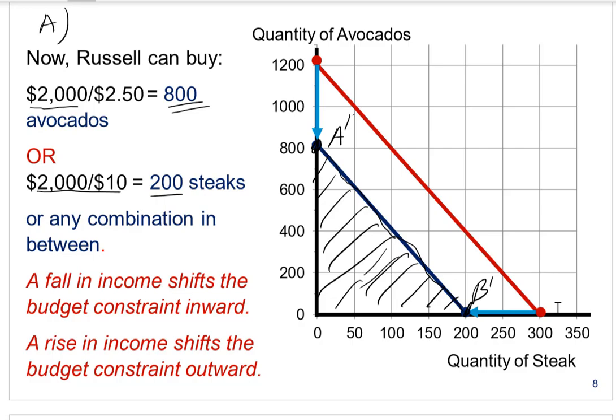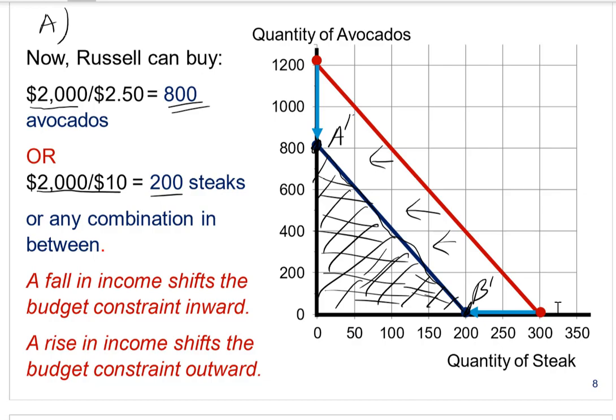But as you can see, this whole set, the triangle area, has now shrunk because Russell now has lower income. The conclusion here is that with the budget shrinking, the opportunity set also shrinks for Russell, and a reduction in income shifts the budget constraint to the left.